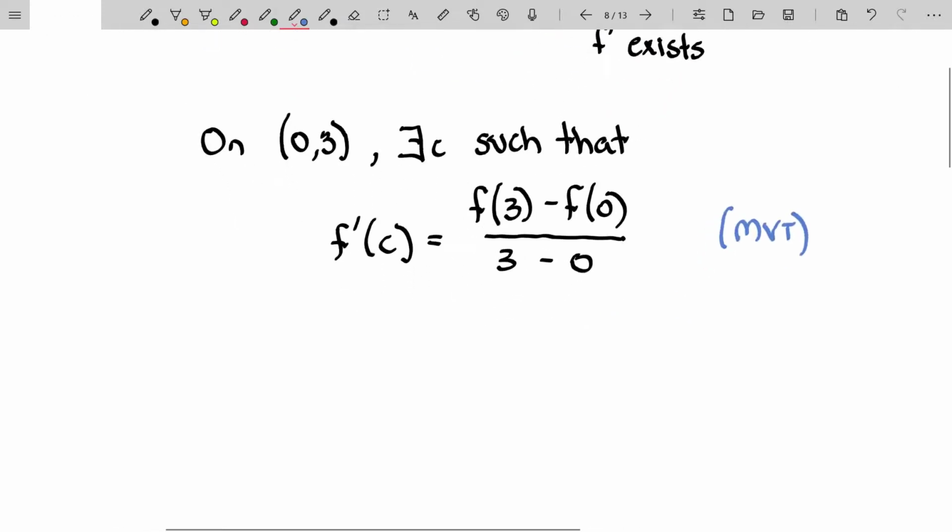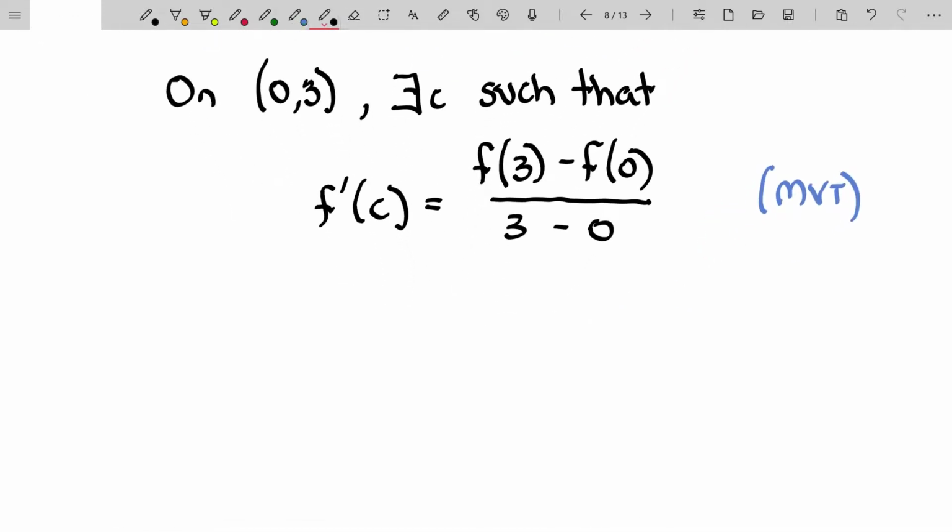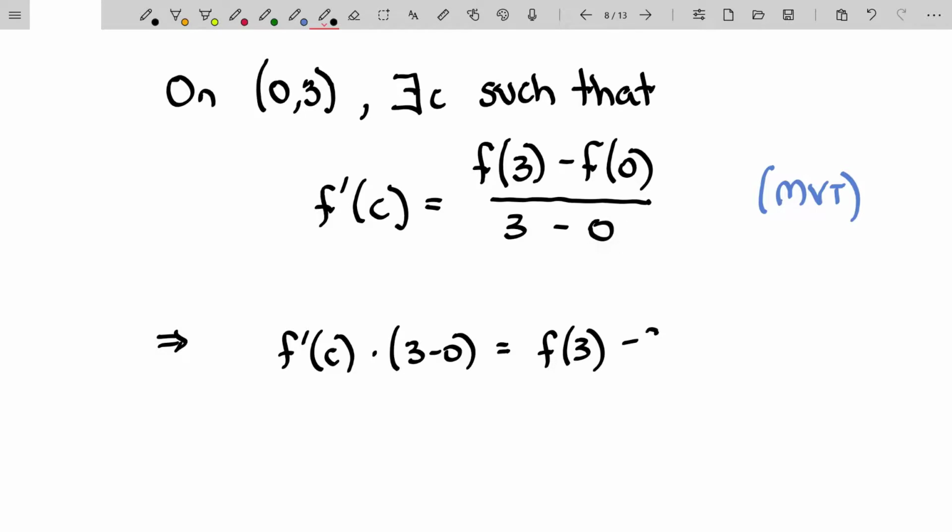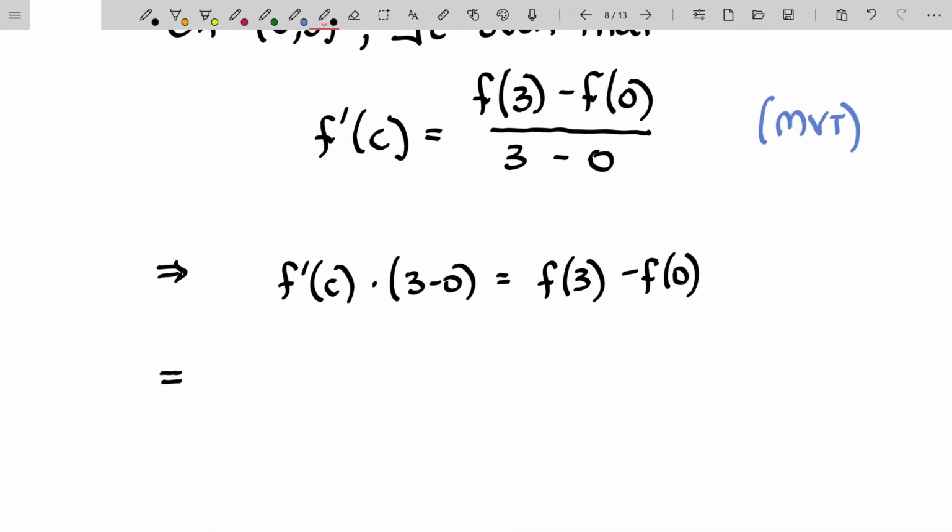Well, this would imply, if I write it in its alternate form, that f prime at c times the quantity 3 minus 0, which I know is 3, is equal to f of 3 minus f of 0. This implies that 3 times f prime at c plus f of 0 must equal f of 3.